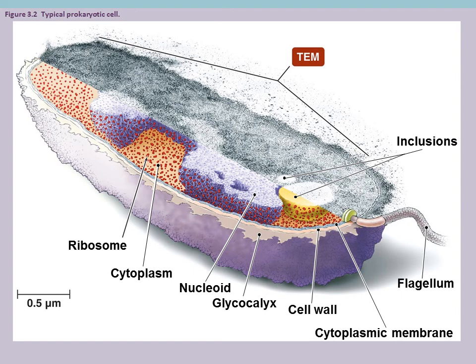You may have these little vesicles with maybe iron in them, maybe pigmentation. It just depends on the particular species you are talking about. Some may have a flagellum, some may not. They will have a cytoplasmic membrane. Some of them may have a cell wall. They may have an extra layer beyond that as well.